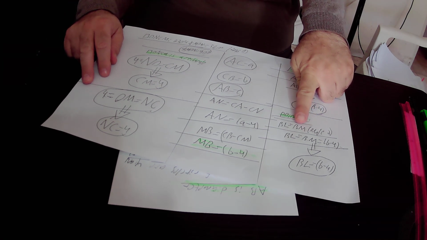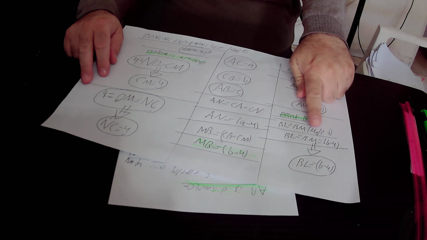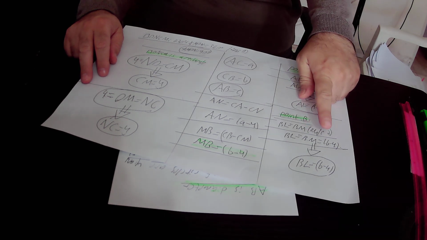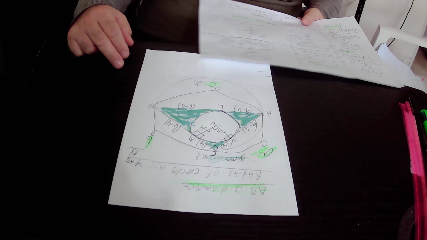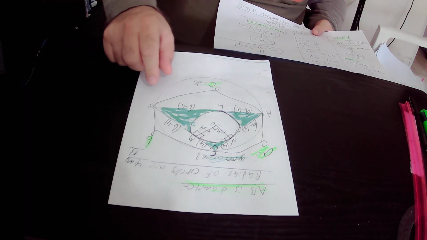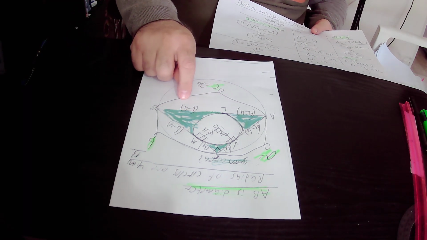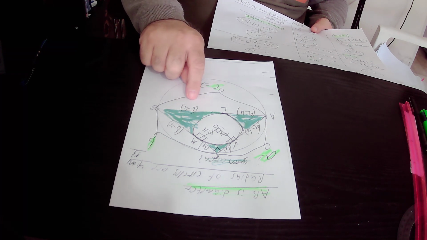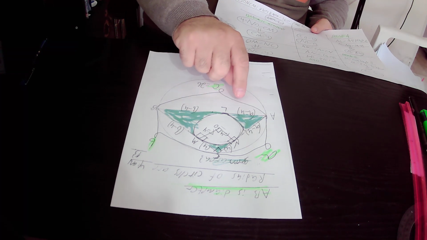And from this equation, BN equals BM equals B minus 4, we derive that BN is also equal to B minus 4. So we found out that BN equals B minus 4, and AN equals A minus 4.